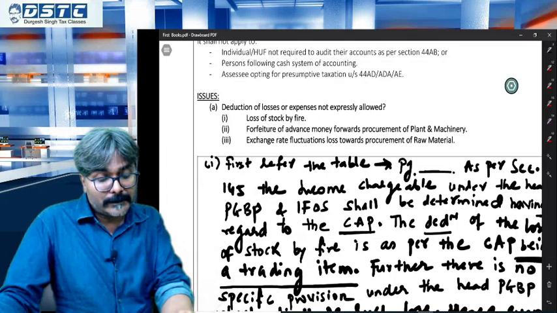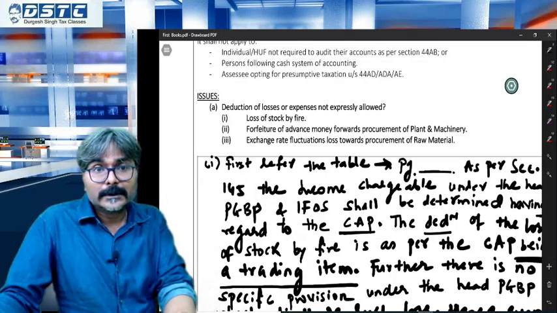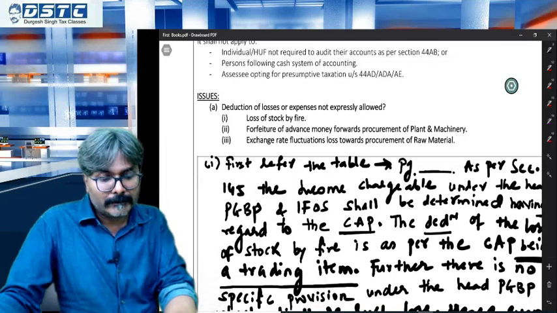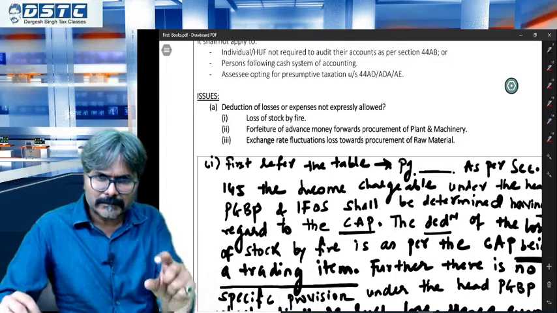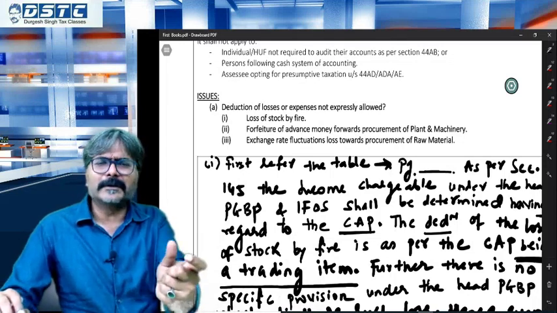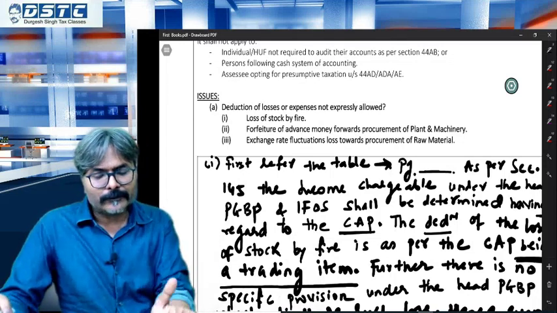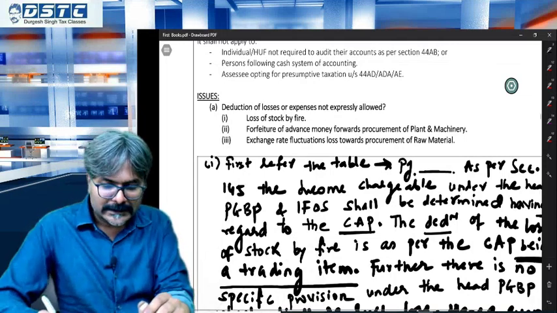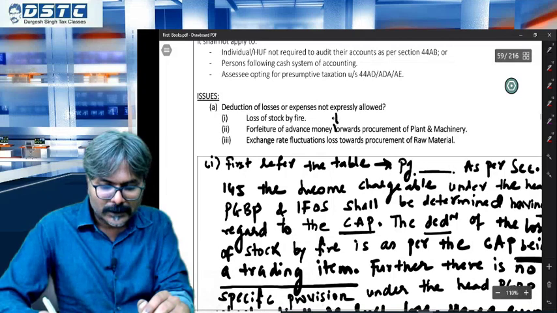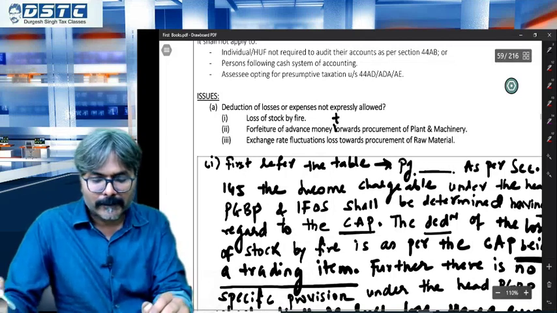So students, in your point number 2, what they have mentioned in this context is the same point but in a different twist: forfeiture of advance money towards procurement of plant and machinery.